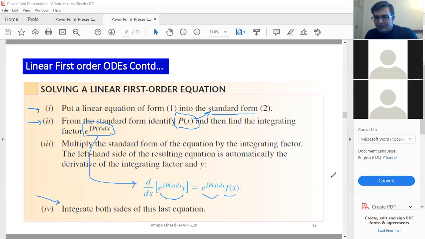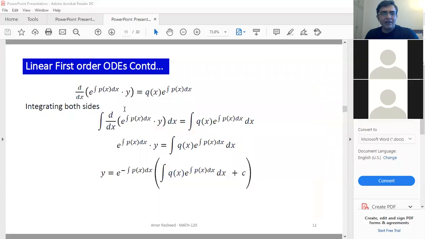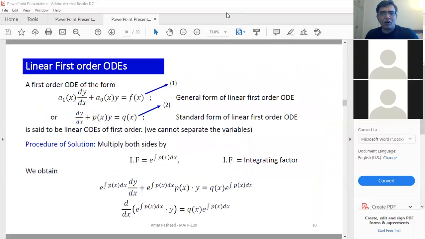There is a question in the chat window, sir, what if we swap the places of Q of x and P of x? Would it change anything? Yes, definitely. Then in the integrating factor, you must write here Q of x, because P of x should be the coefficient of y.